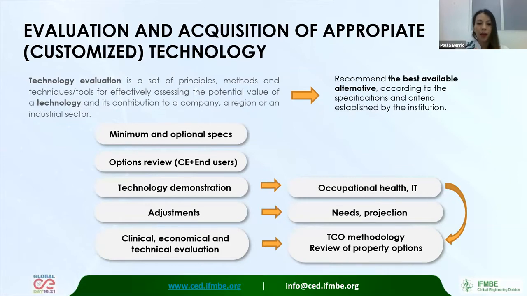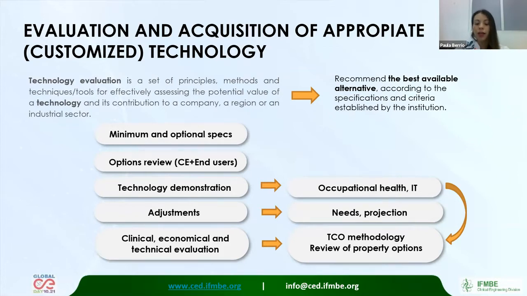We have the same initial steps, but in this process, we add the participation of IT people and occupational health people. So it led us to include in our technology demonstration and in our technical specifications review costs related to, for example, interoperability networks and costs related to safe use of the equipment.